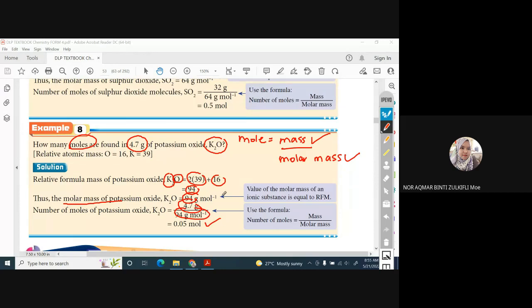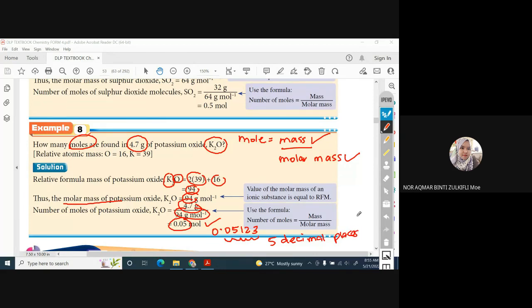Okay, ini kena highlight. Contoh. Kalau you calculate dengan calculator, you dapat 0.05123. Let's say you have 1, 2, 3, 4, 5 decimal places.